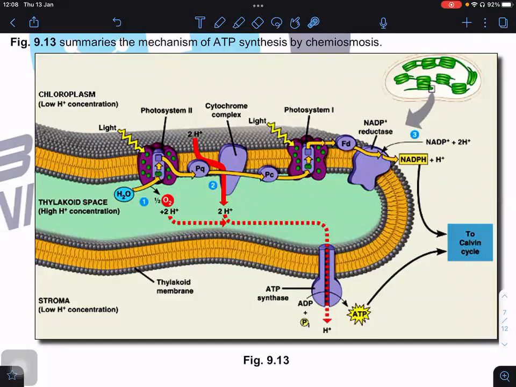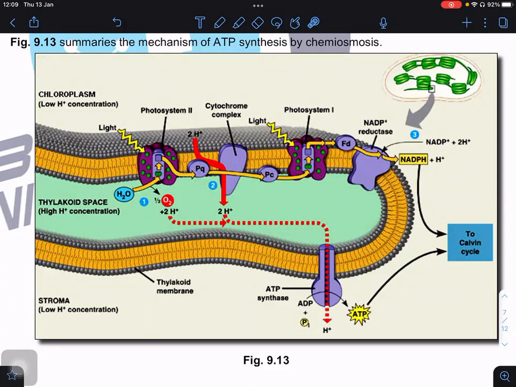Photoexcitation of electrons takes place, and the electrons pass through a series of electron carriers, a different type of carrier. When the electrons are transferred along these carriers, energy is released.